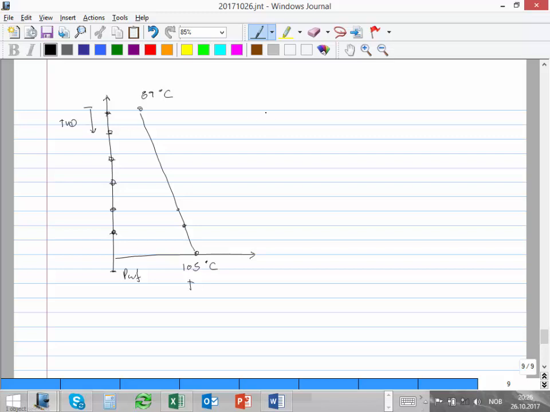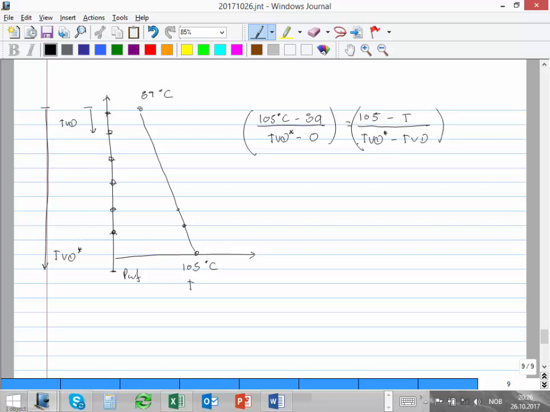It will be 105 minus 89, divided by TVD star minus 0, and this has to be equal to 105 minus the temperature at a particular position TVD, divided by TVD star minus TVD.